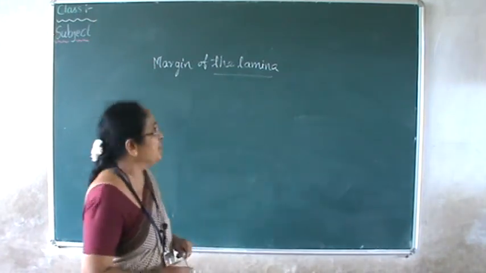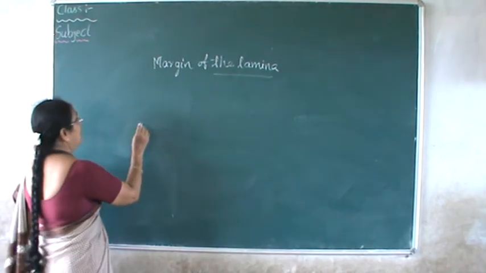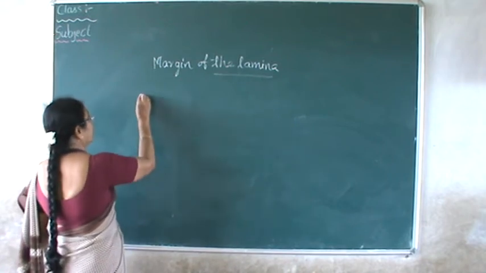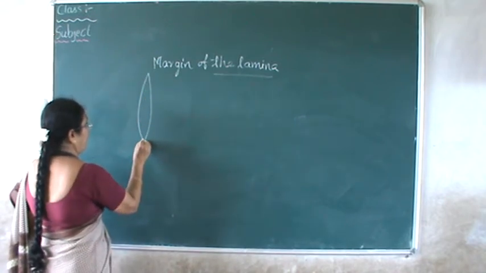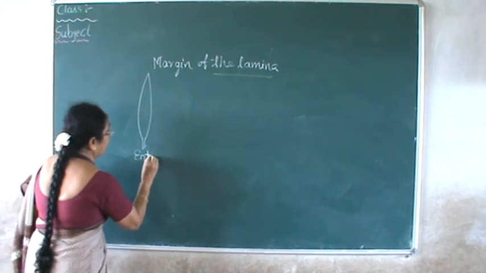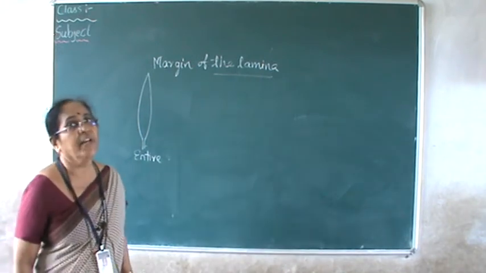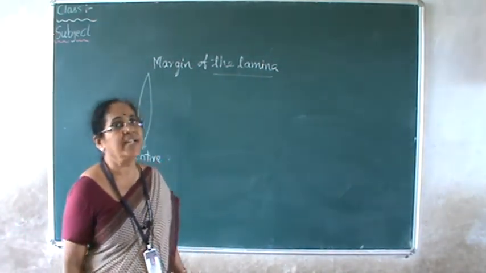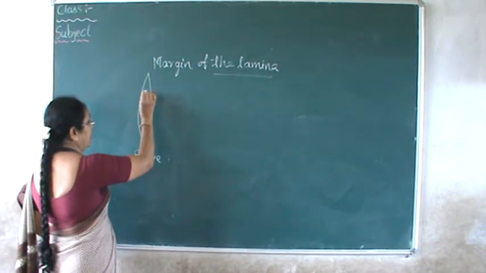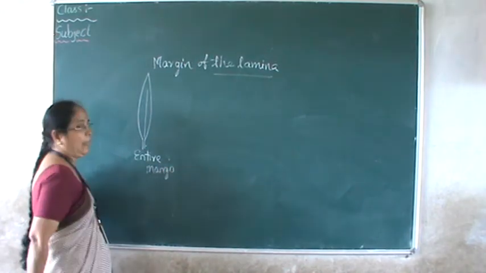If the margin is smooth, based on the nature there are different terminologies. If the margin is smooth like this, in this case it is to be described as entire. This is an example of a smooth margin, and it is called the entire type of margin.